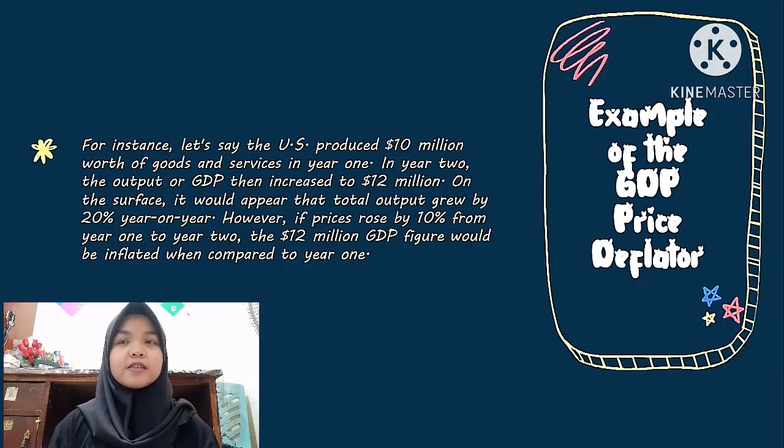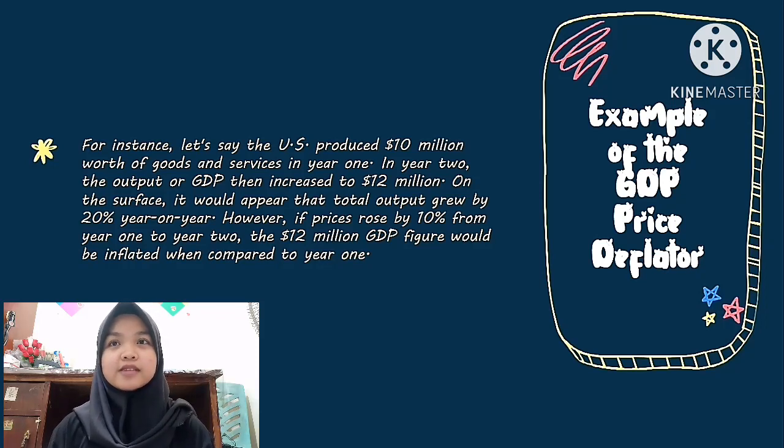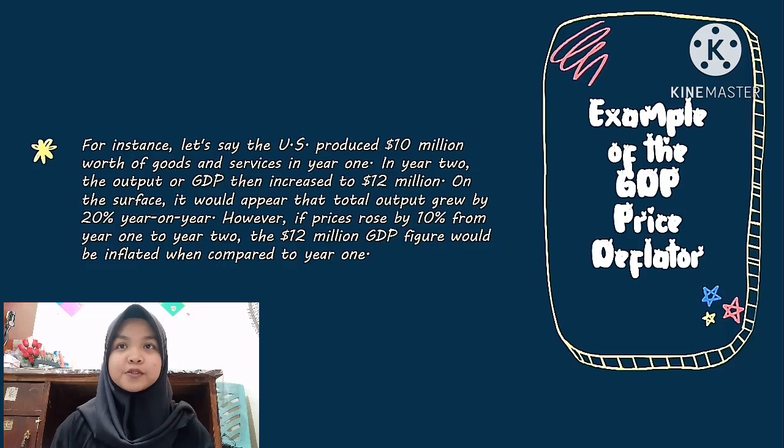It means typically GDP is expressed as nominal GDP, so the total output of the country in whole dollar terms. Before we explore the GDP price deflator, we must first review how price can impact the GDP figures from one year to another. In reality, the economy only grew by 10% from year 1 to year 2 when considering the impact of inflation.